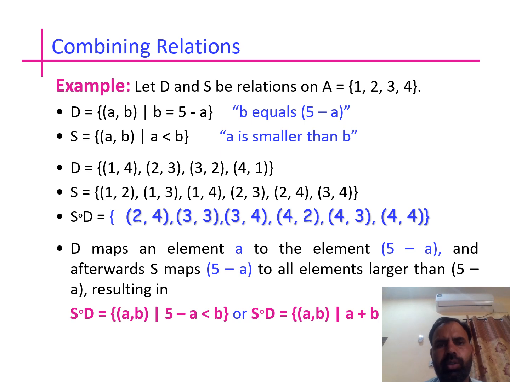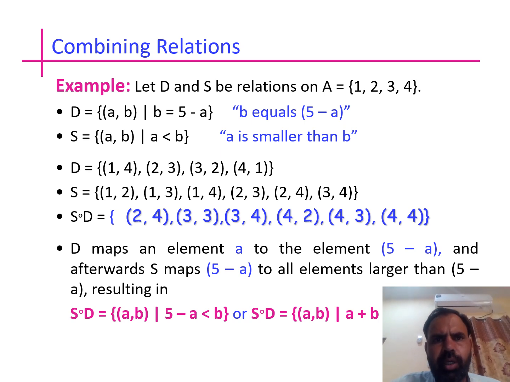So S∘D becomes (2, 4), (3, 3), (3, 4), (4, 2), (4, 3), and (4, 4).